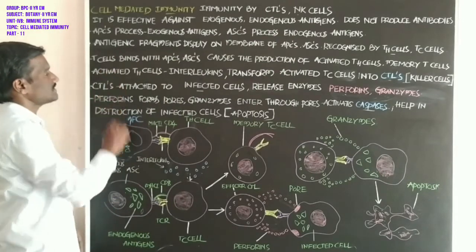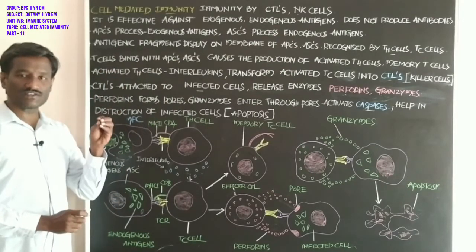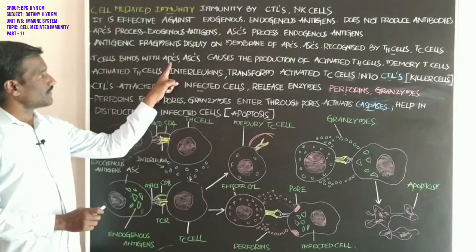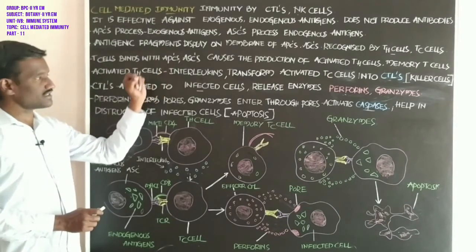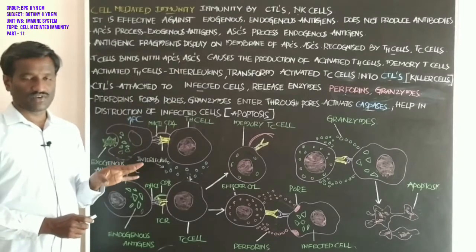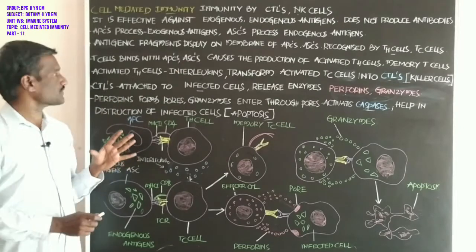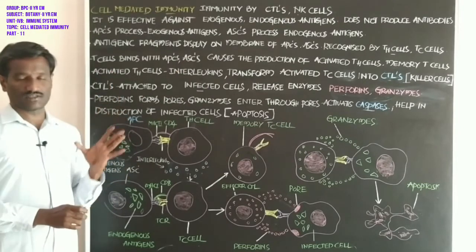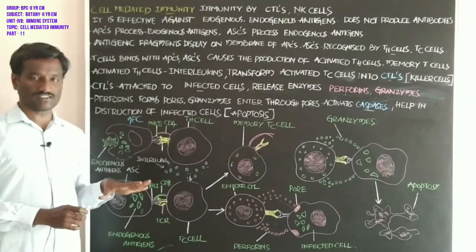Next, T cells bind with antigen presenting cells and altered self cells, that is, T helper cells and TC cells.